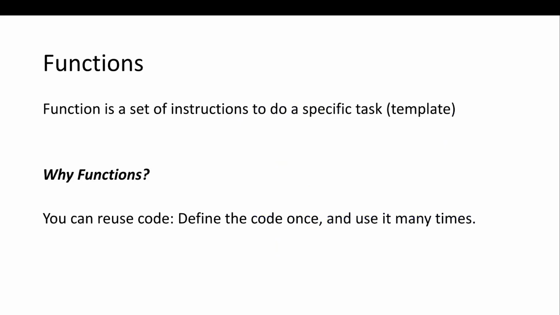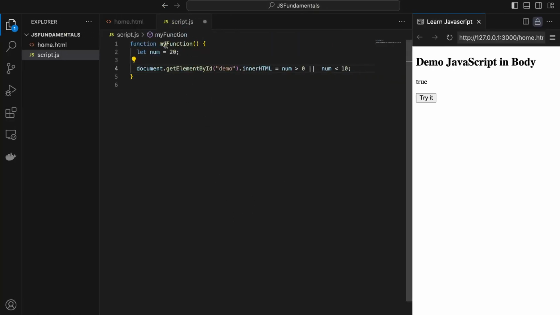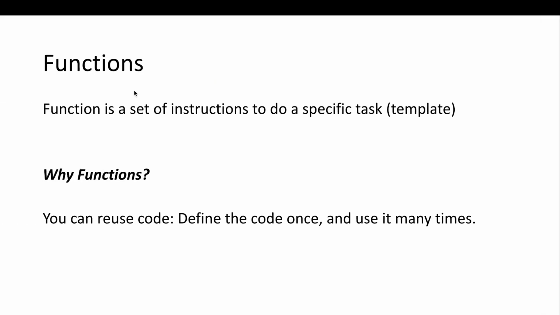So the next part is function. Over here we are doing a function, so let me recreate it. Okay, let me go to the top. Let's say you want to create a function to display something. A function is usually a block of code, a set of instructions to do a specific task, so you can use the code once.